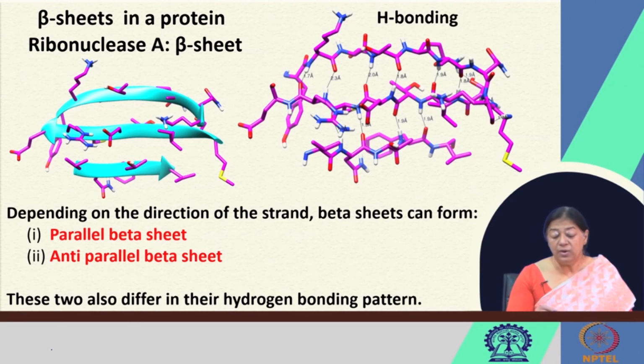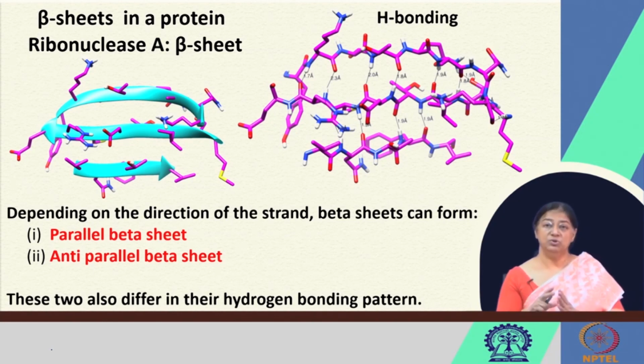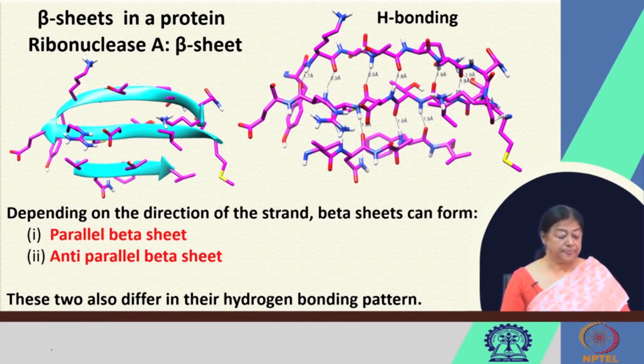So, while an alpha helix has to be continuous in the polypeptide chain, the strands in the beta sheet can come from different regions of the polypeptide chain, bringing them together in specific patterns that are known as the secondary structure beta sheet.